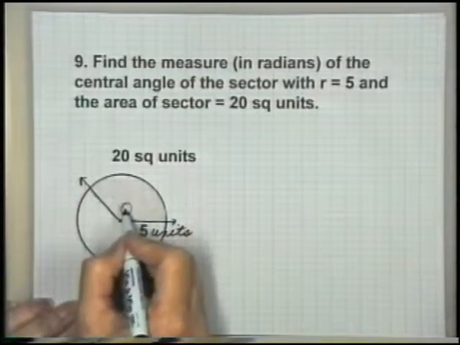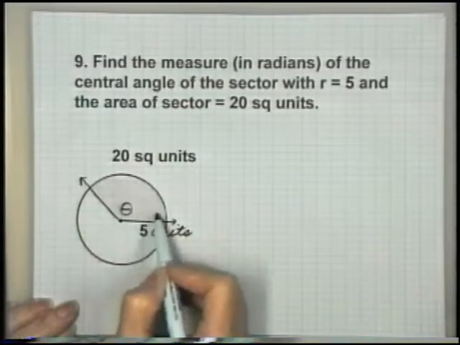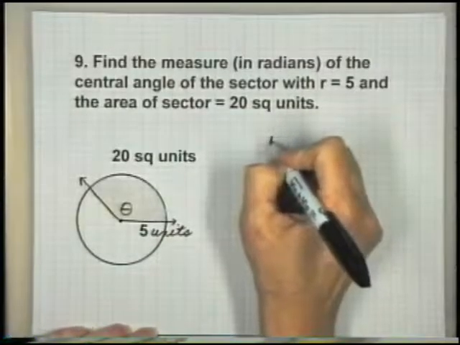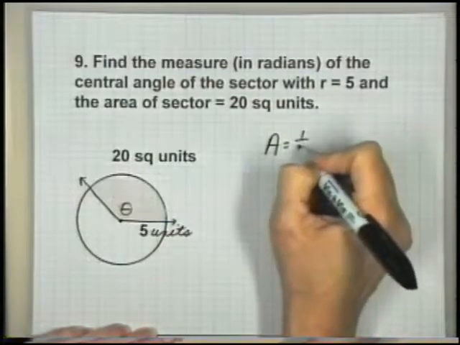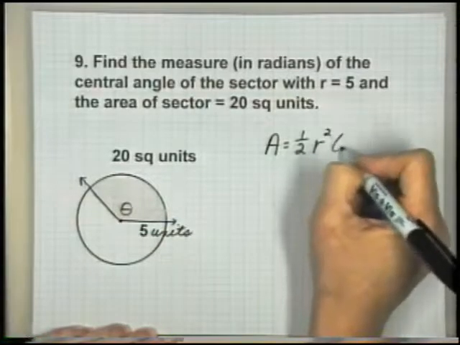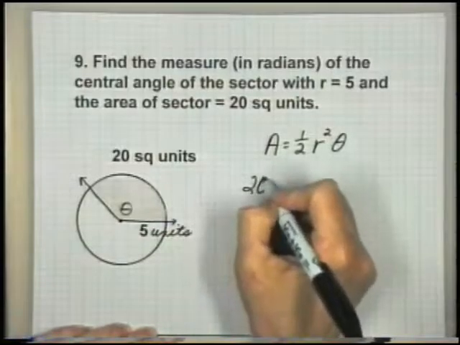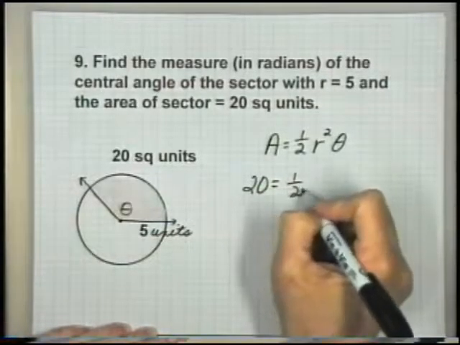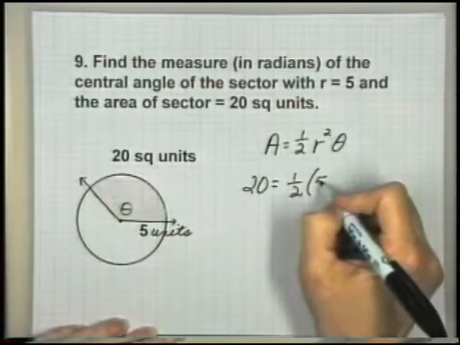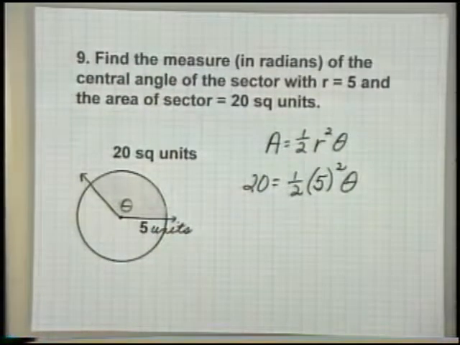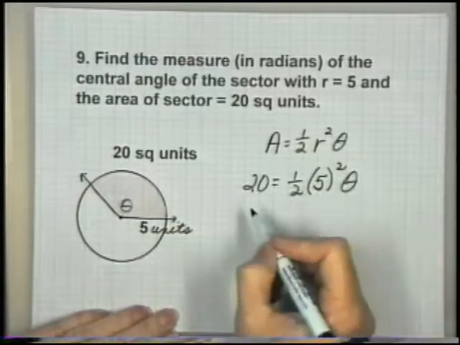Now I've got the sector shaded, and we're looking for theta, and we know that the area of the sector is 20 square units. So we'll use our formula. In place of A, since our area is 20, we'll write the 20. In place of R, we'll write 5 squared. And then we're looking for theta.